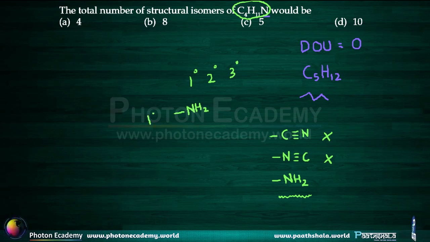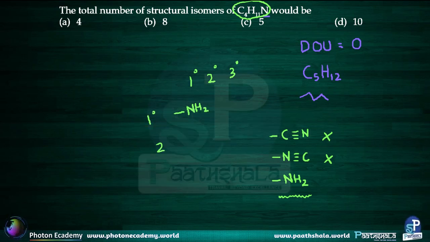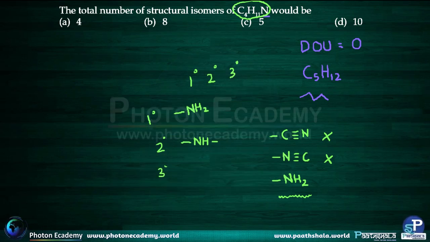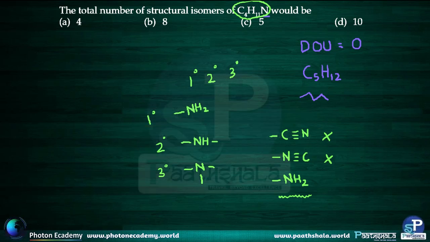In 2 degree amine, the nitrogen atom is linked to two carbon atoms and one hydrogen atom, and a 3 degree amine is one in which the nitrogen atom is linked to three carbon atoms and there are no hydrogen atoms linked to the nitrogen atom.